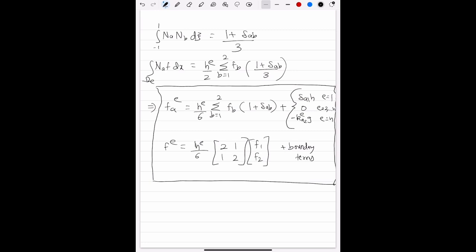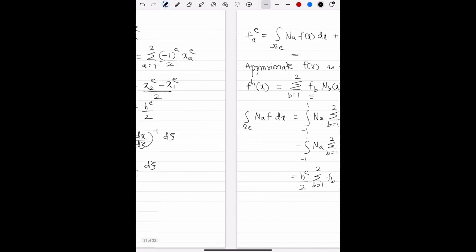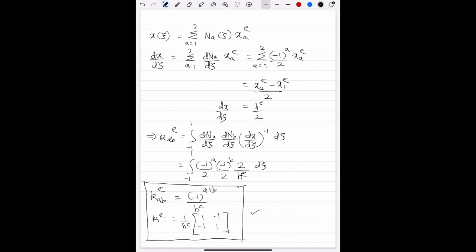And now we have all of the things that we need to solve the Poisson's equation in 1D using the finite element method. Using this relation over here and this relation over here, we can compute the element stiffness matrix and the element force vector for every element in our mesh.